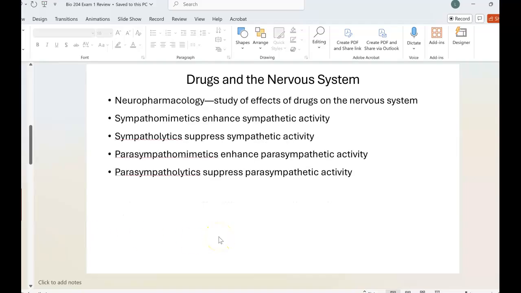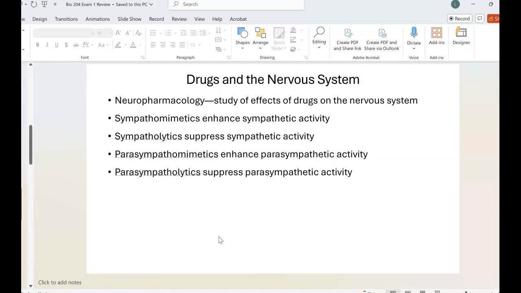The last thing that we talked about is that drugs can kind of either enhance parasympathetic or sympathetic activity or inhibit it. Anytime you see mimetic at the end of these terms, that means it's going to enhance that particular activity. If you see lytic, that means it's going to suppress it.